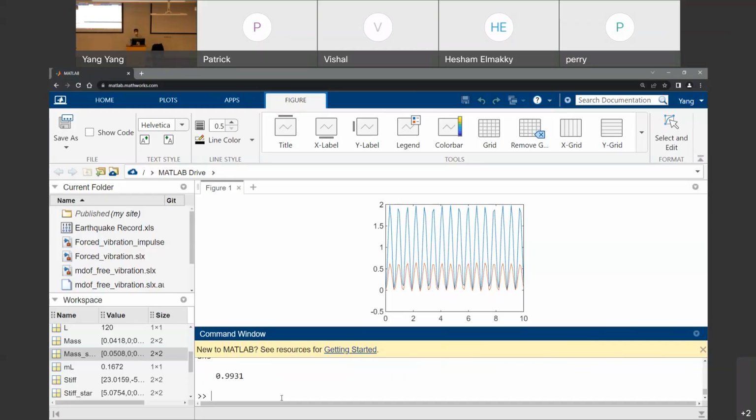The mass matrix and the stiffness matrix are given in your textbook, or you can just Google, because it's only a 2-story building with rigid floors. It's pretty easy for you to figure out the M and the K.